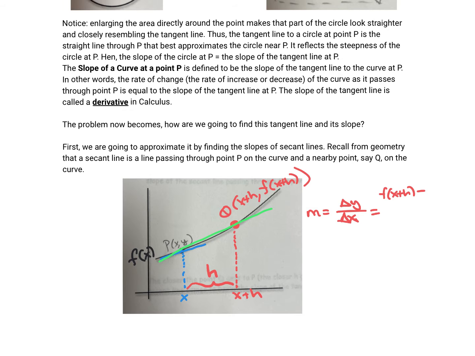So the y of P would just be f of x, over the x of Q is x plus h, minus the x of P, which is just x. This hopefully starts looking familiar here. f of x plus h minus f of x, all over h.